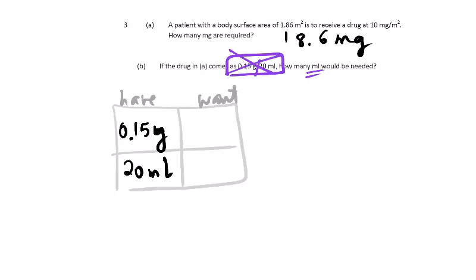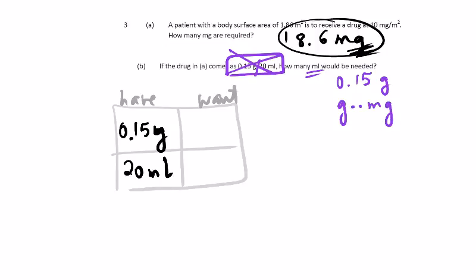And then we have to enter the other information, the want. So this one here, milligrams, needs to match with milligrams. Oh, but now we see we don't have milligrams in the 0.15. So the first thing we need to do is actually change that. So 0.15 grams from grams to milligrams. We know we need to multiply by 1, 2, 3 zeros, multiply by 1,000, or move the decimal point 3 places to the right.